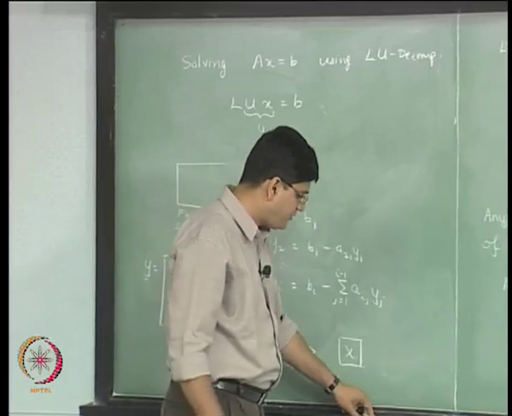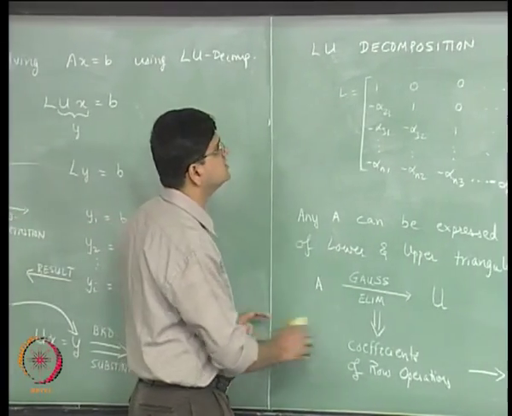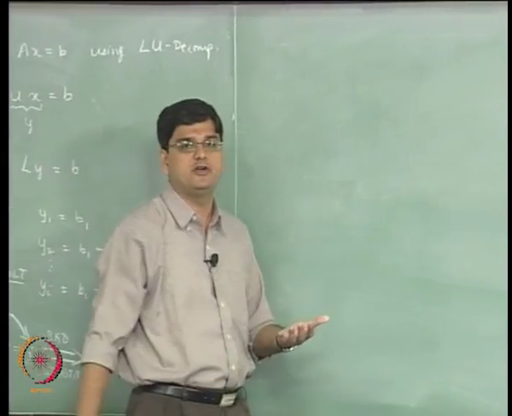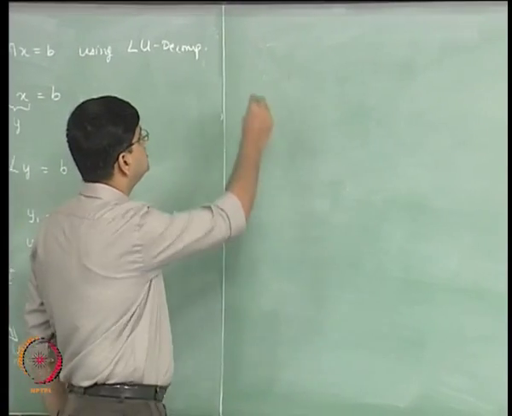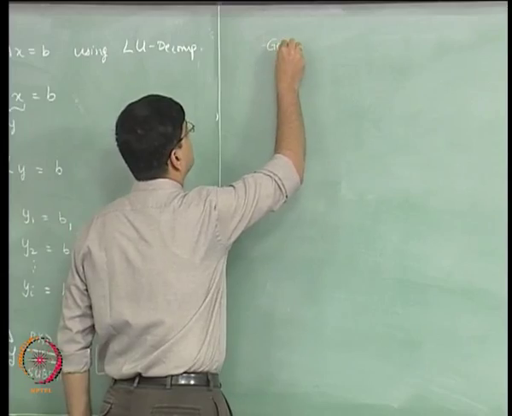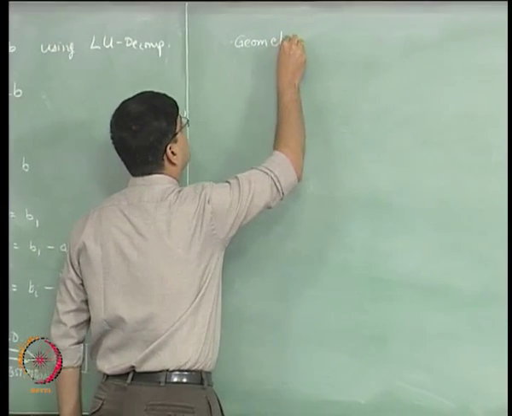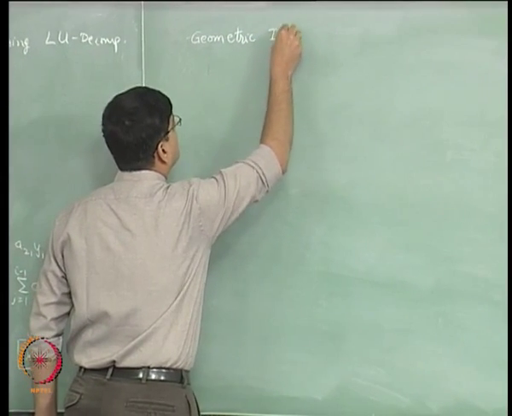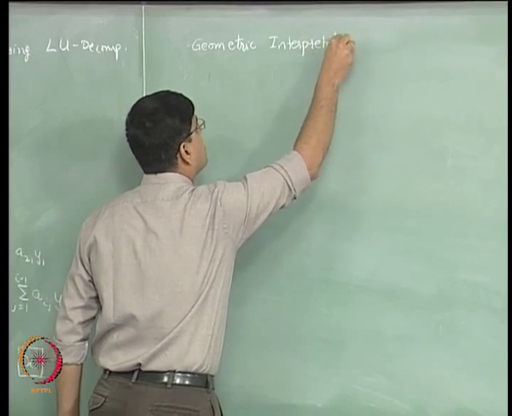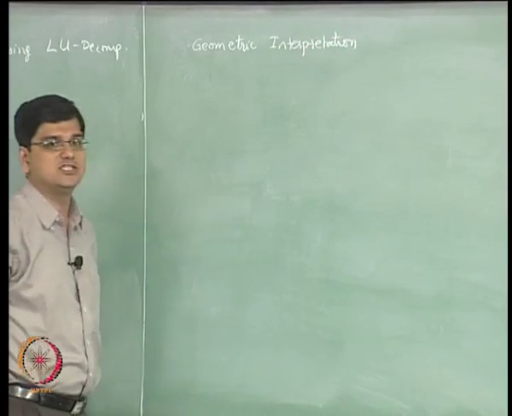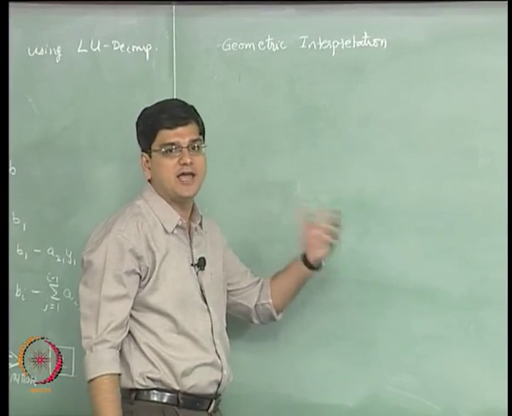So, to recap, what we have done so far is the following. We started with two linear equations in two unknowns, and saw the geometric interpretation, which we said was the intersection of hypersurfaces.